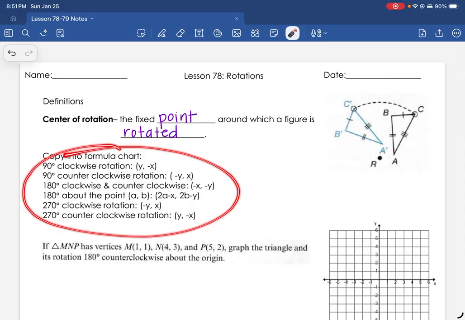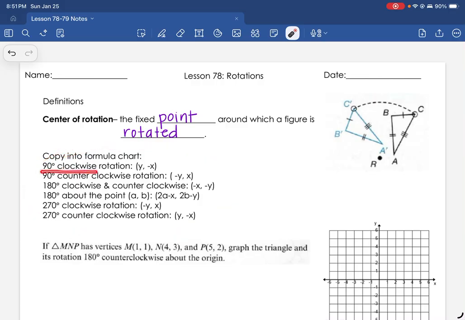So first, we are going to write out the original ordered pairs that they gave us. So M is at 1, 1, N is at 4, 3, and P is at 5, 2.